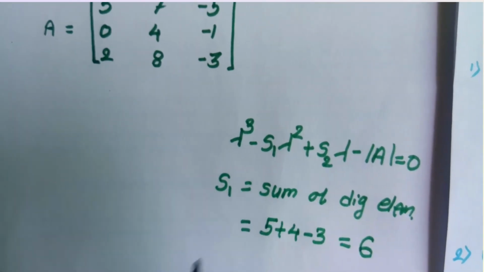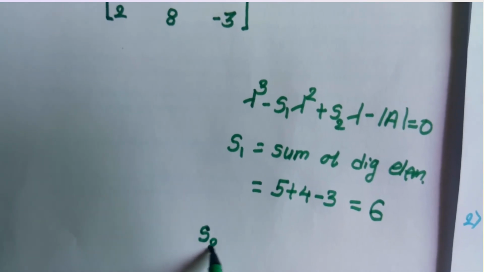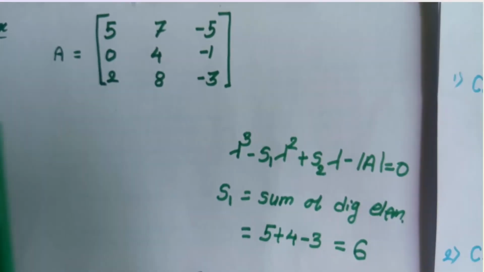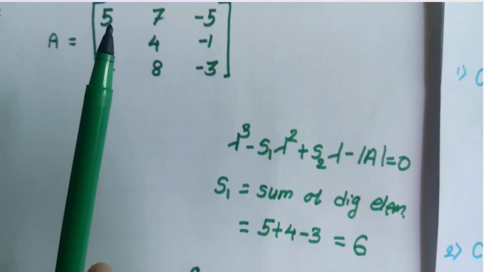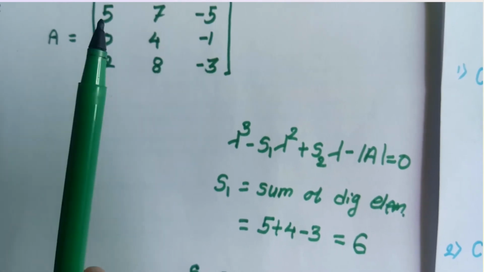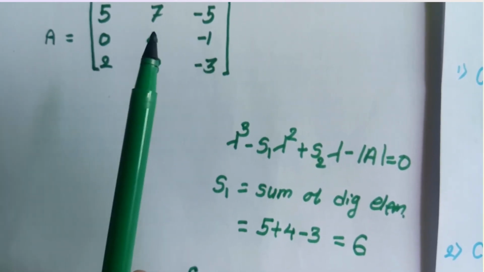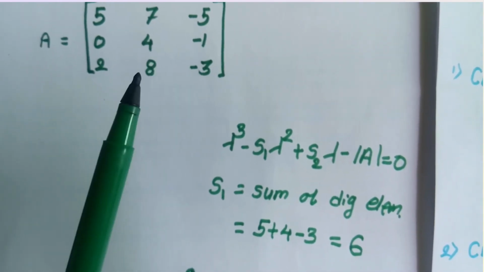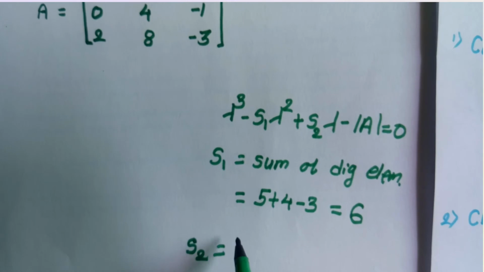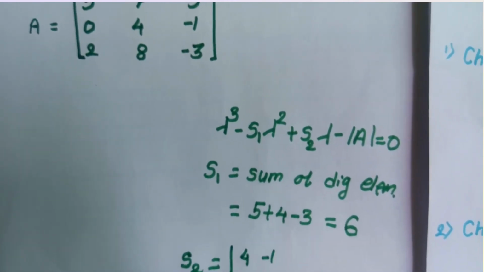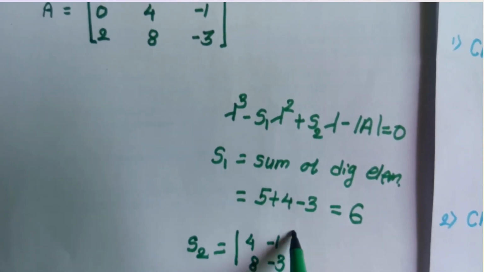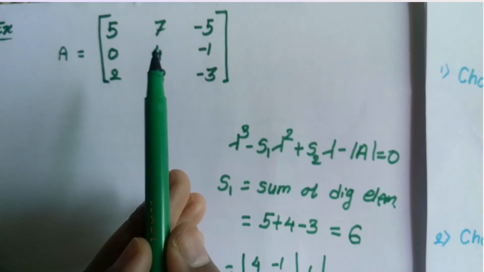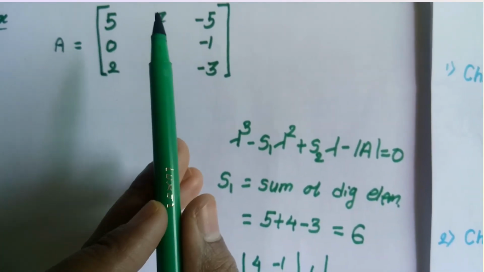Now S2 is the sum of the minors of order 2 corresponding to the diagonal elements. We take the first diagonal element, 5. We skip the corresponding row and column and take the determinant of the remaining elements, that means 4 minus 1, 8 minus 3. Similarly for the second diagonal element, which is 4, we skip the second row and second column.